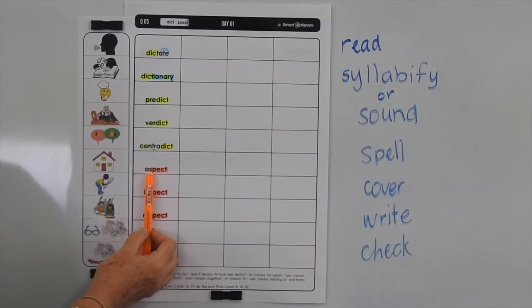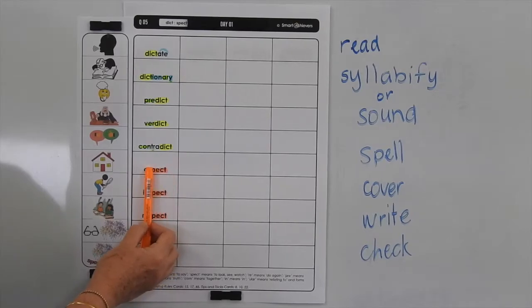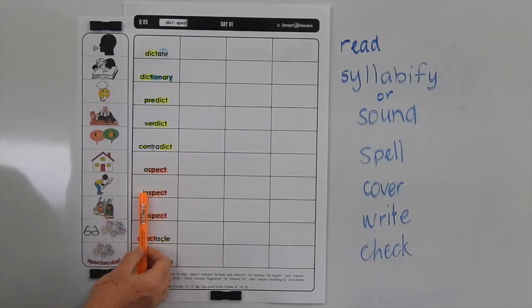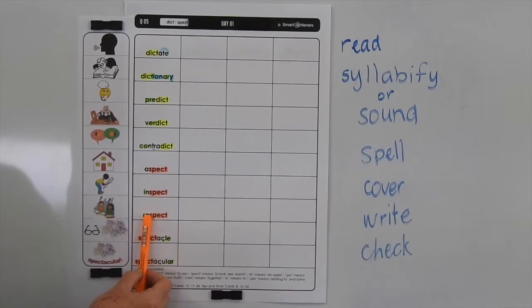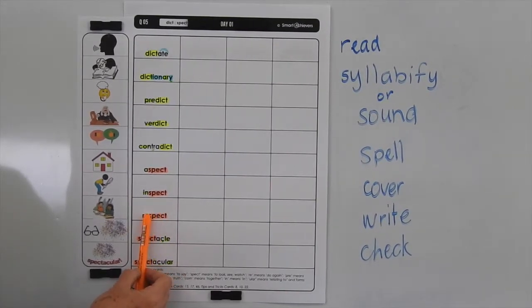An aspect is a part or a feature of something, or the position of a building. Inspect is when you look very carefully at something. Respect is when you show that you are being mindful of someone's presence and you're on your best behaviour.